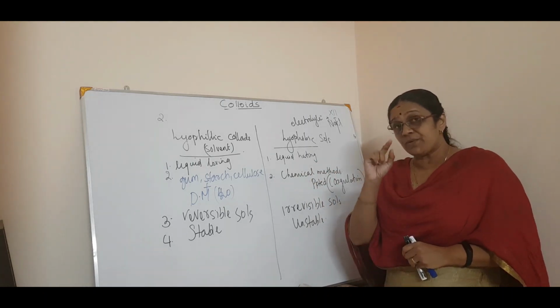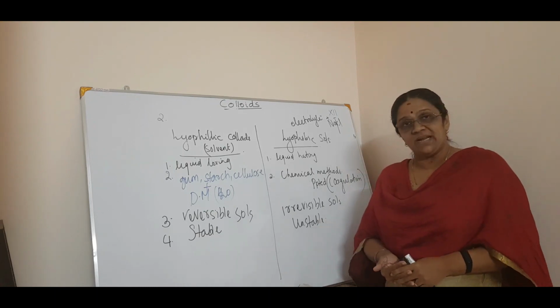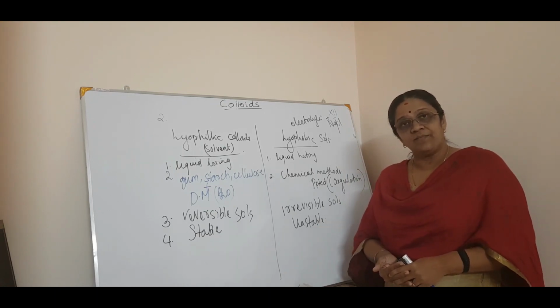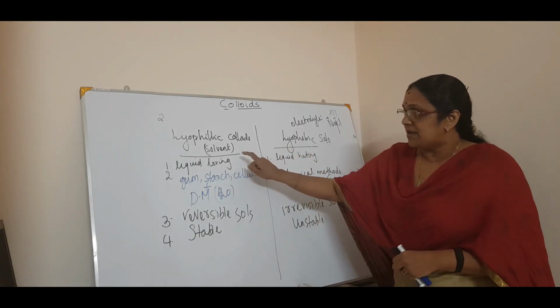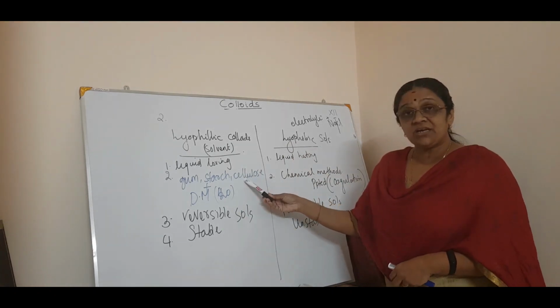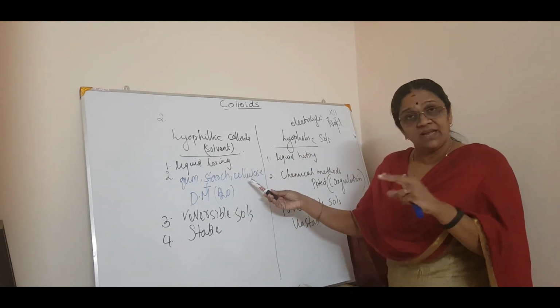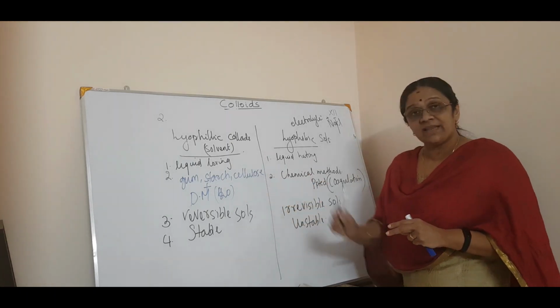That is the classification based on the interaction of dispersed phase and dispersion medium. Clear? Once again I will tell you, summing up. One is lyophilic, liquid loving; the other is lyophobic, liquid hating. Preparation by physical methods: just simply put the dispersed phase and dispersion medium and you will get that colloid.